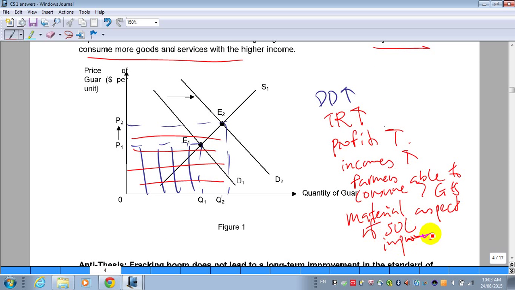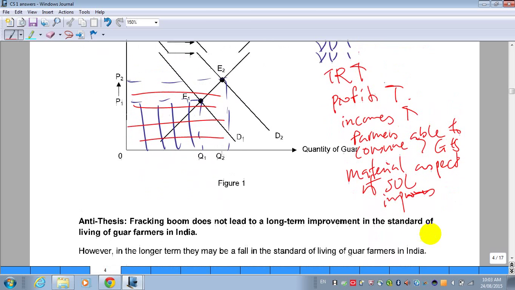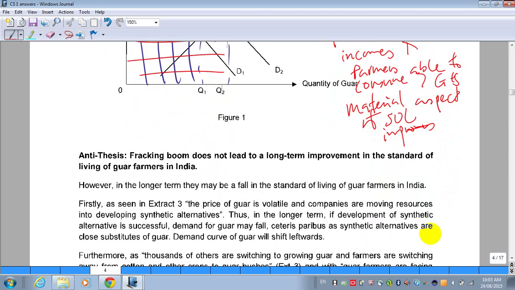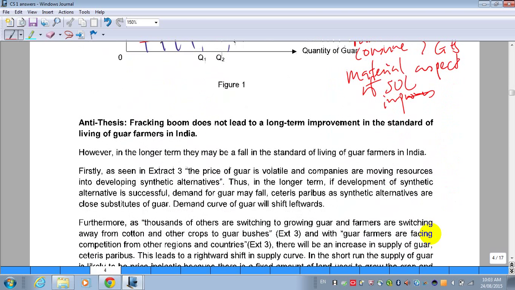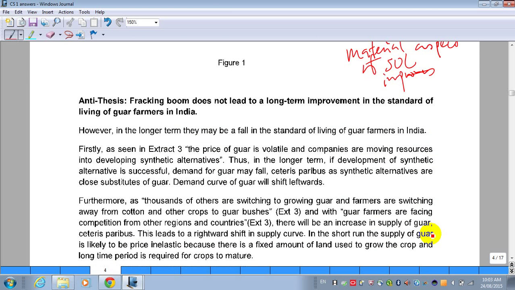Okay, next let's go on to the antithesis, that the fracking boom does not lead to a long-term improvement in the standard of living of guar farmers. Okay, you see, they talk about how in extract 3 it's mentioned that companies are moving resources into developing synthetic alternatives.